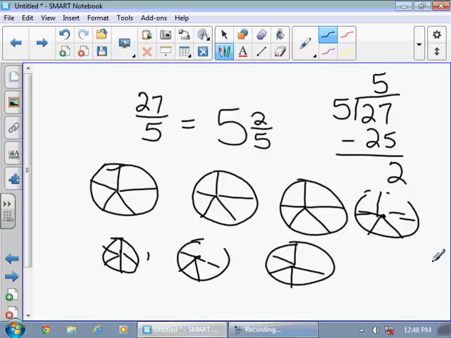All right. So there's 5 pieces in each pie pan, right? So if he puts those 25 pieces back in, okay, when he puts them back in, it fills up, right?